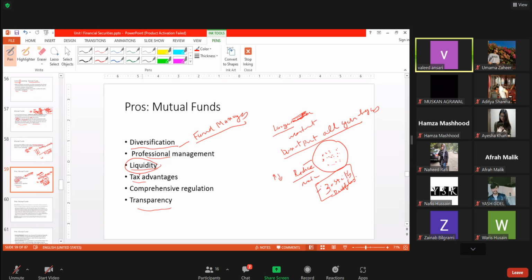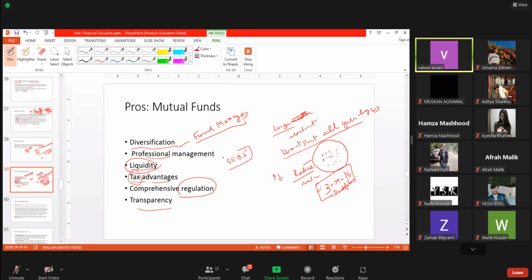In some cases, they also offer tax advantage. There are some funds, for example infrastructure and others, where if you make investment, one can also get the tax benefit. And another important thing is that they cannot be fly-by-night operators, like some swindlers who come in and say that we will provide returns, because there is comprehensive regulation of mutual funds.